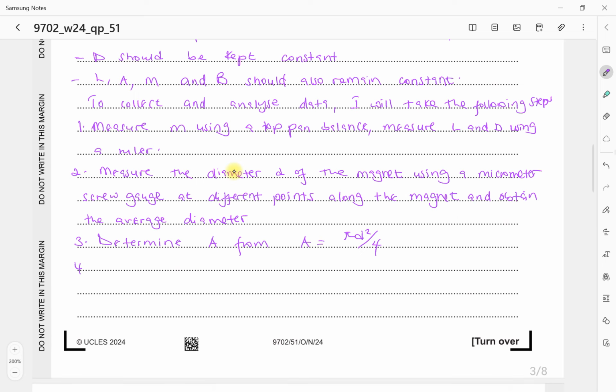Then point number 4. I'm now also going to measure the magnetic flux density B. So measure B. Of course, we measure B using a Hall probe.